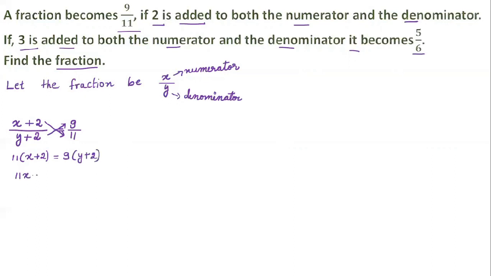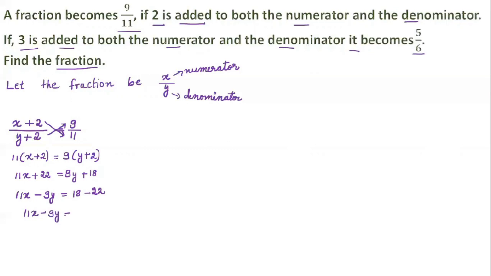Multiply 11 for both x and 2. So 11x plus 22 is equal to 9y plus 18. So bring variable term to the left side, 11x minus 9y, and take constant to the right side, 18 minus 22. You have to take 22 to the right side, so 18 minus 22.